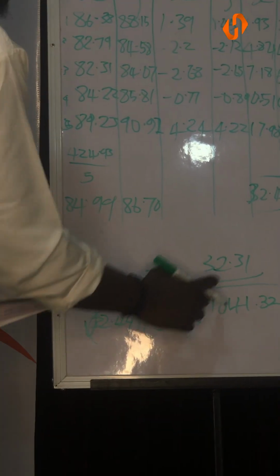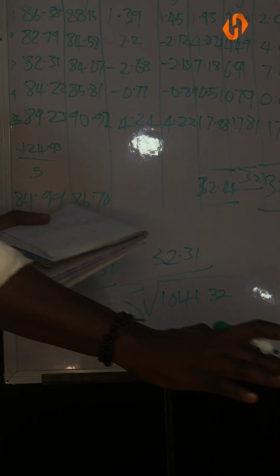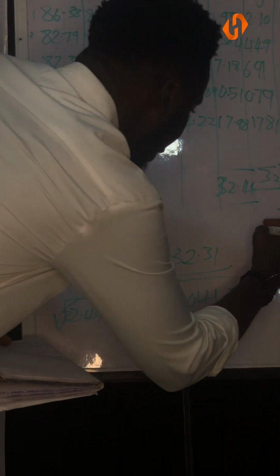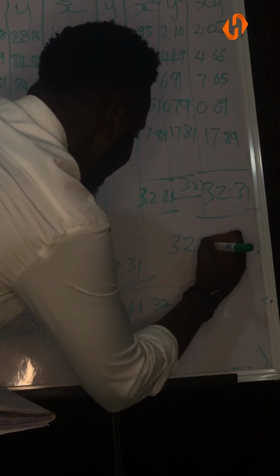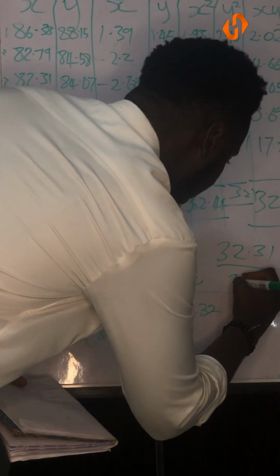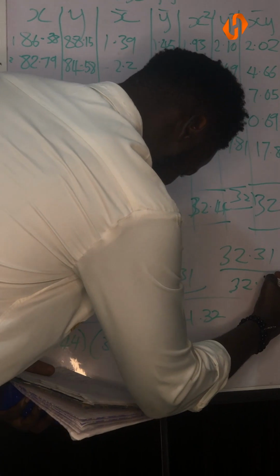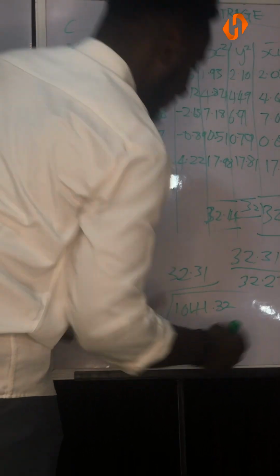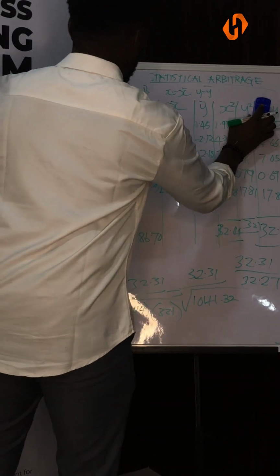So in getting the root of 1041.32, you can do your calculation. What you get next is 32.31 divided by 32.27.